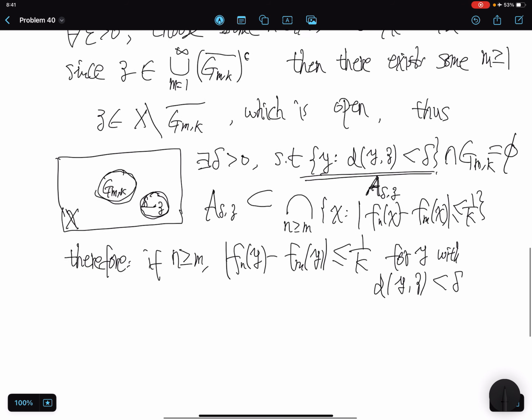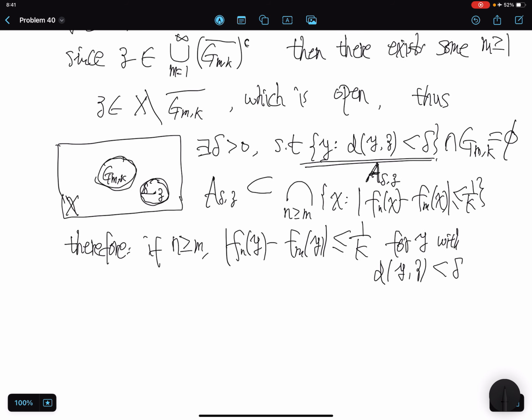So for any y in this ball, the absolute value of f sub n of y minus f sub m of y is less than 1 over K. We can let n go to infinity, because m is fixed.